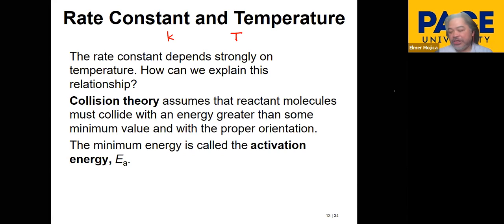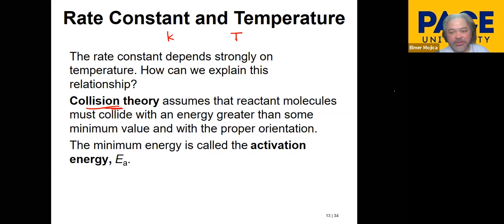So we go here to an explanation, the so-called collision theory. What does it mean? For a reaction to take place, there should be a collision between the reactants. Now, what happens when the temperature increases? What is the probability that the collision will happen?